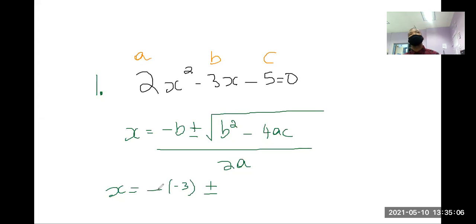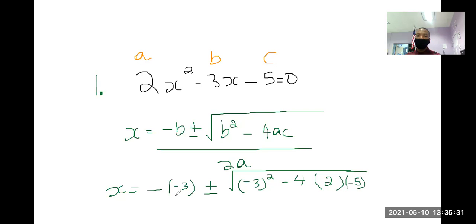So there's a negative, and then b is a negative 3. So I put that there. And then square root, b is a negative 3, so it's going to be a negative 3 squared minus 4 times a, which is 2, times c, which is negative 5.